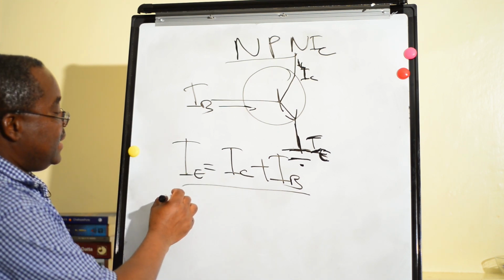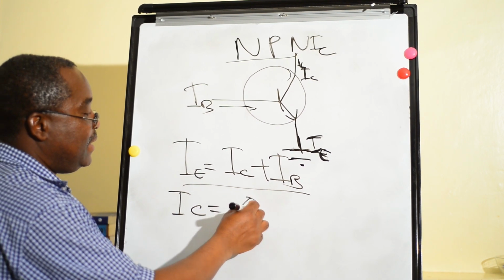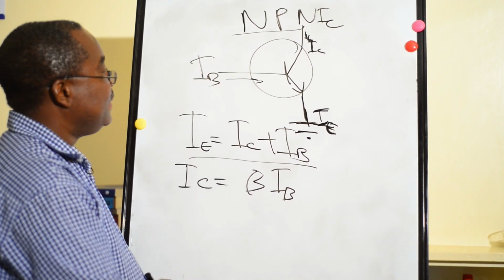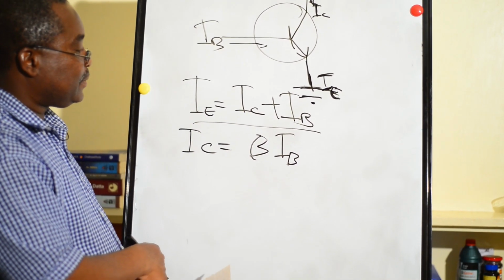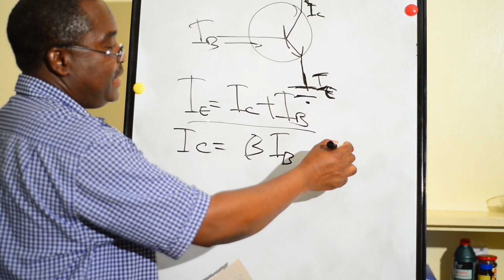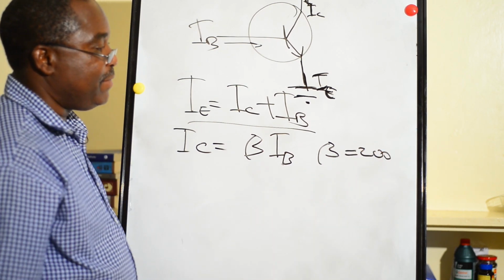We have an emitter and emitter current. For the collector current, the formula is beta IB. So normally our beta can be 100, let's here put 200. This is a factor.